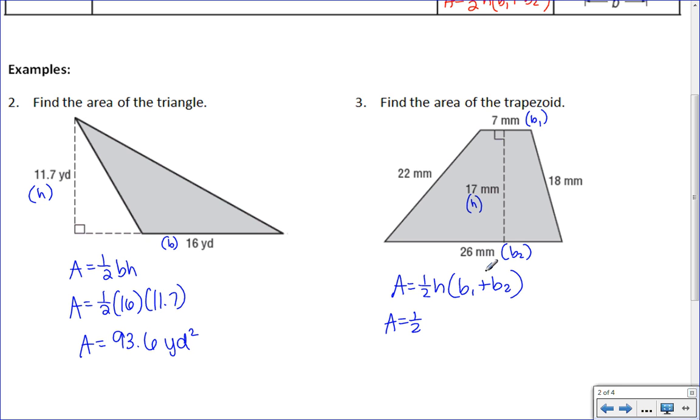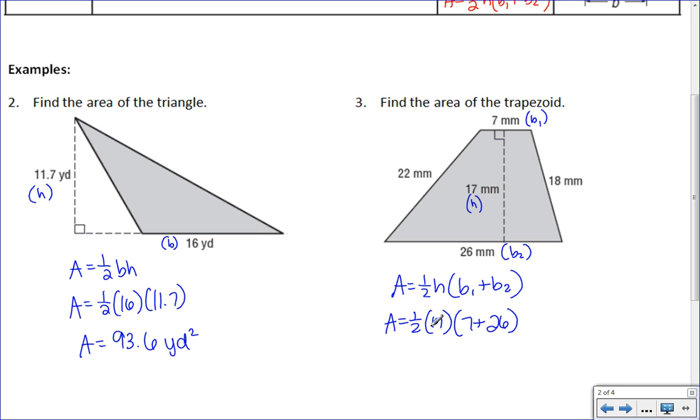1/2 H, which is 17. B1 is 7. B2 is 26. And be very careful if you're going to do this on your calculator. You cannot type in 1/2 times 17 times 7 plus 26. You either need to do this portion of it first, or you need to make sure you have parentheses around this.